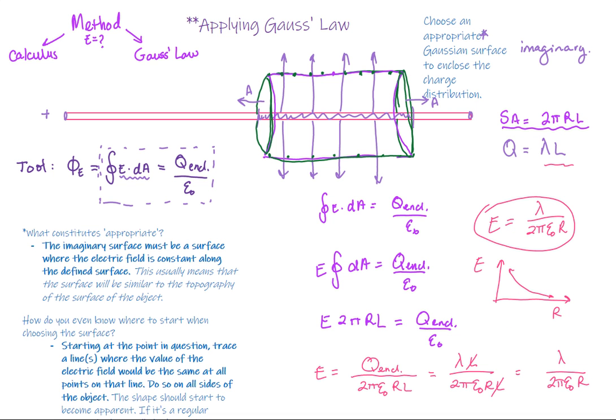Now, something that's important to note is that on the ends there are going to be end effects, where the field will start to not point the same way that it had been in different places. So it would be slightly different on the ends here, but we're looking at a pretty long line of charge and the electric field along the middle of it.